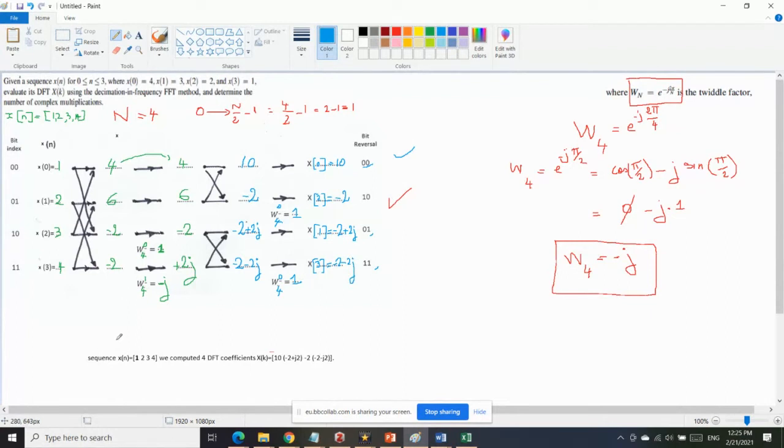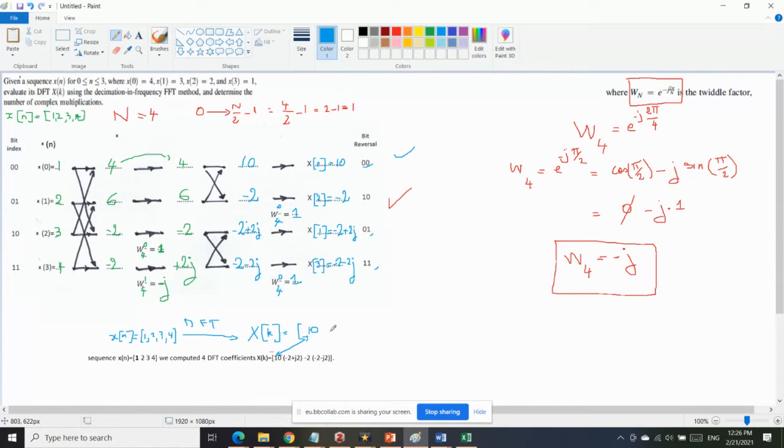Okay, so therefore, the sequence xn 1, 2, 3, 4 الدي اف تي حقتها, so الدي سي فاليو اللي هو x0 10، شوف نفس الشيء.